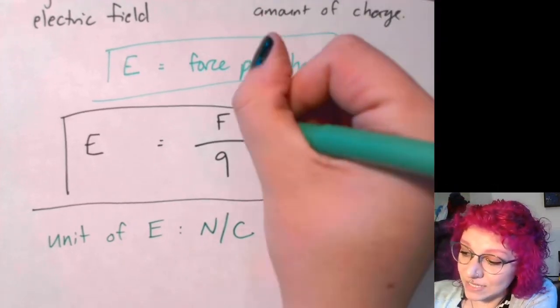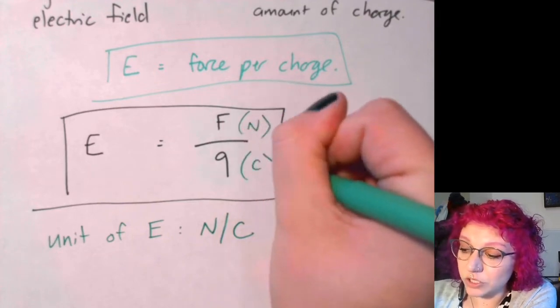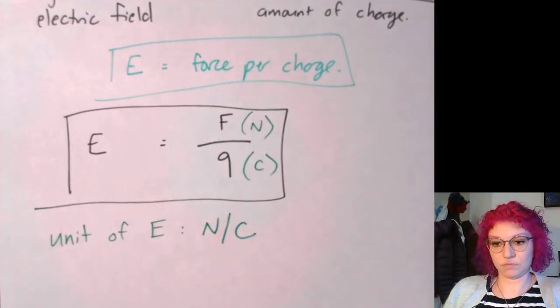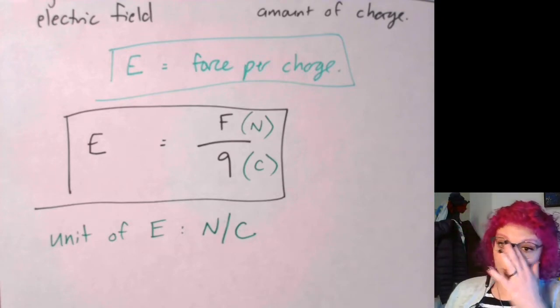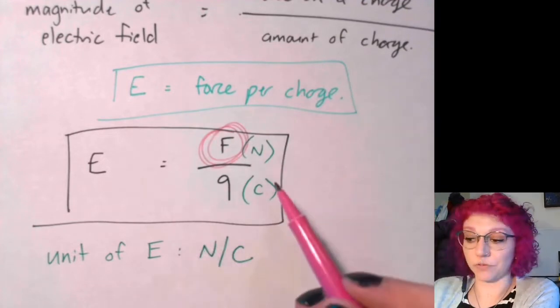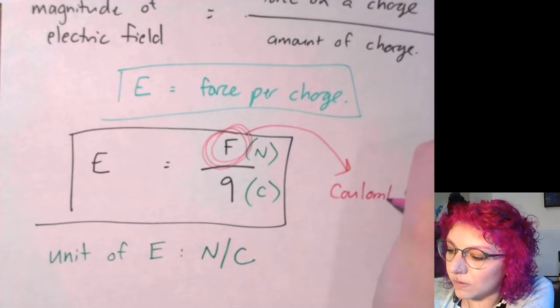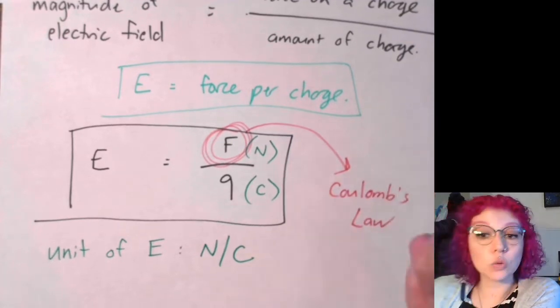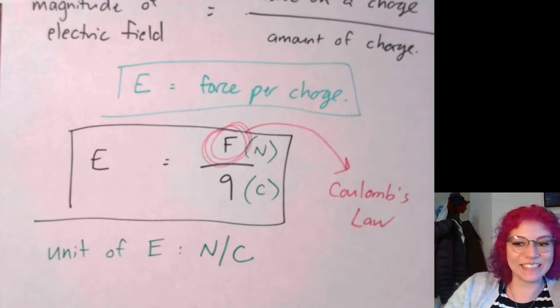And that makes sense because we know force is in newtons and we have charge in coulombs. An important note that we will return to in a little bit is that you already know how to solve for this force. This is based on Coulomb's law, which you worked with last week. So we're connecting ideas, yay!